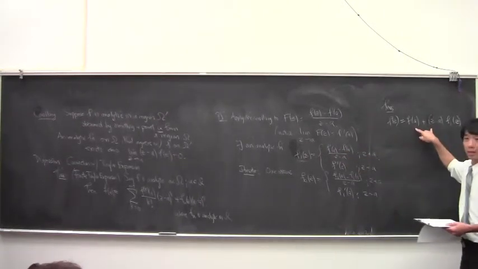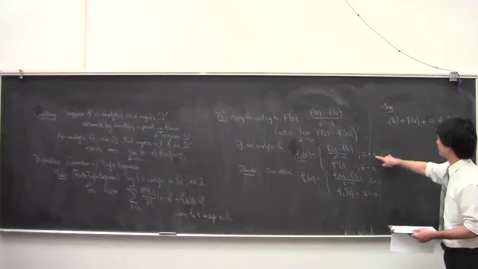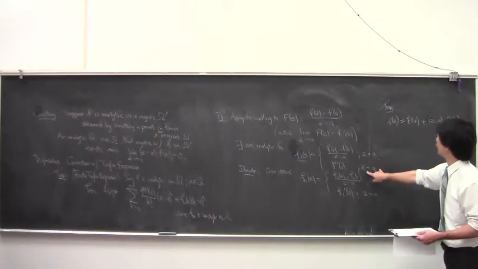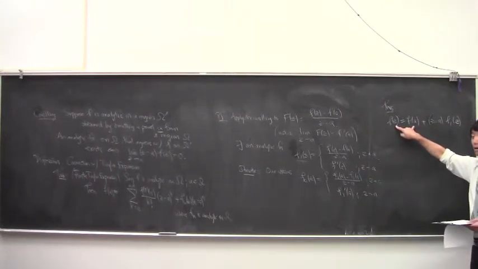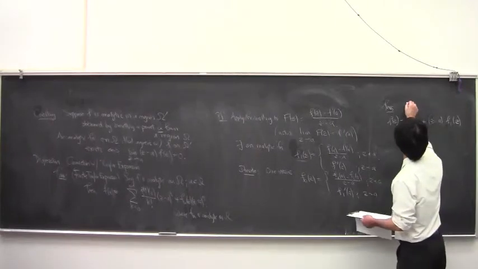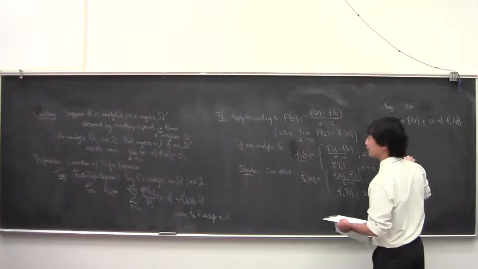You just multiply through, and you get this equation. And you notice that this is valid not just for z not equal to a, but also for z equal to a, because when z equals a, all you're saying is that f(a) equals f(a). So this is true for all z.